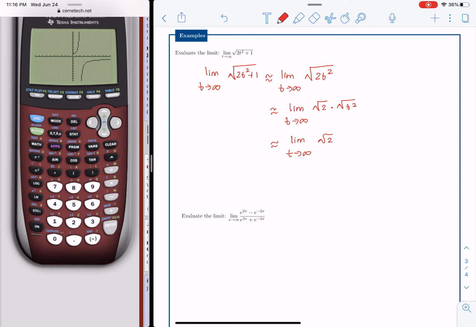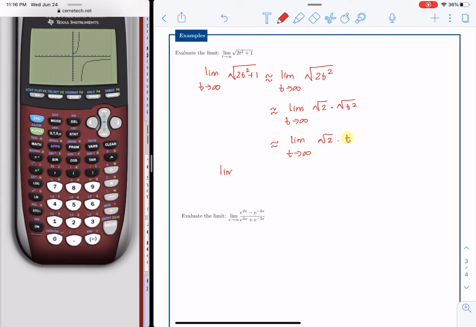Square root of 2 times t. The square root of t squared is simply t. So the limit here as t approaches infinity is infinity, because t gets larger and larger as t approaches infinity.